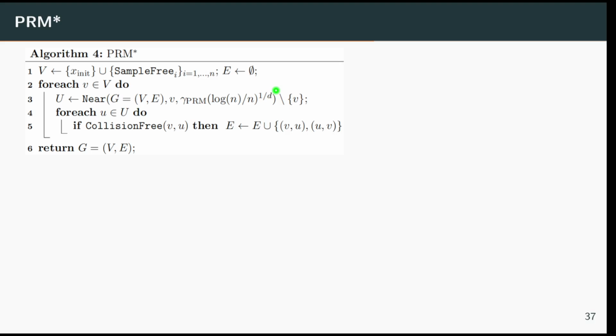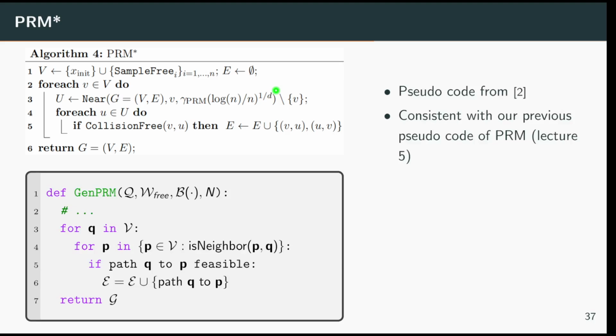Then we talked about RRT star, but not PRM star. And the difference is very close. If you look at PRM star, the pseudocode is very similar to what we did in the lecture. So we first sample a bunch of vertices, like we did up here, and then we try to create edges.